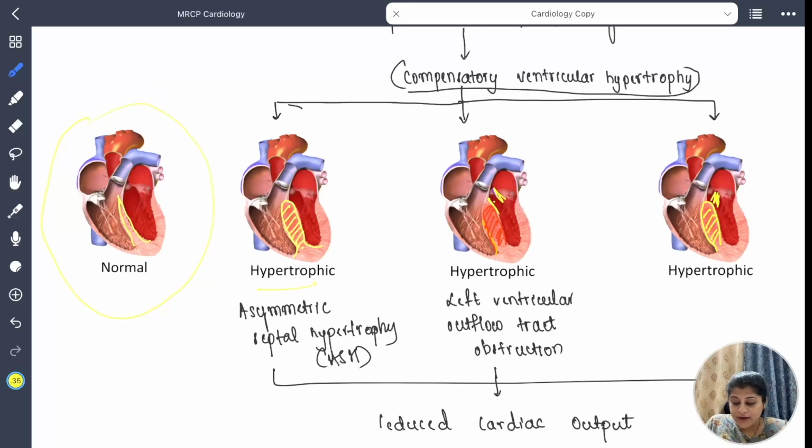After the left ventricular outflow tract, here you have the mitral valve. The mitral valve is coming close to the left ventricular outflow tract and obstructing it. This is called systolic anterior motion of the anterior leaflet of the mitral valve.